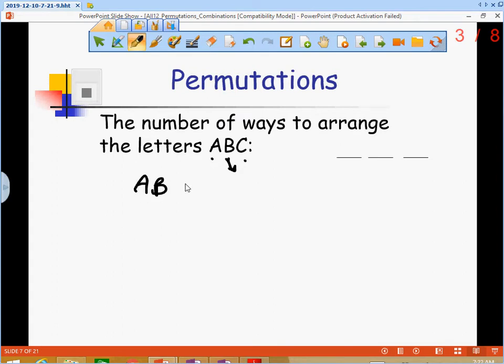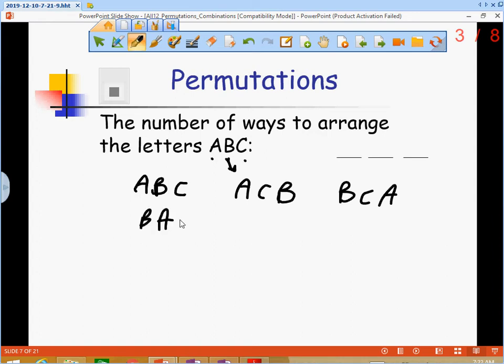A, B, C. A, C, B. What else? B, C, A. B, A, C. C, A, B. C, B, A. So from three letters, if I wanted to arrange three of them and order matters, it's very important, the order of it. Okay? This is called permutation.